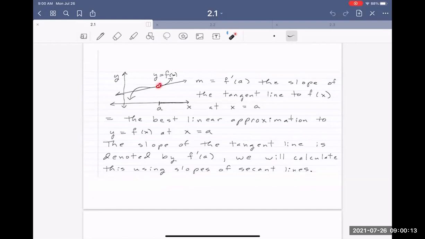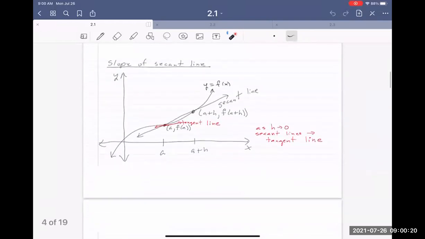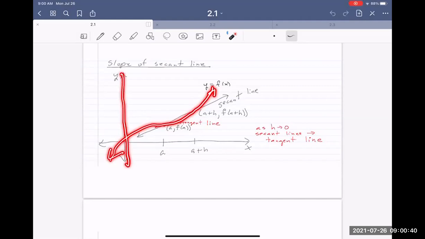So we can't really figure out the slope at one point, but I can find the slope at 2 points, the change in y over the change in x. So I will look at a secant line. A secant line is, well, suppose I have some function, y equals f of x, relative to some coordinate system.